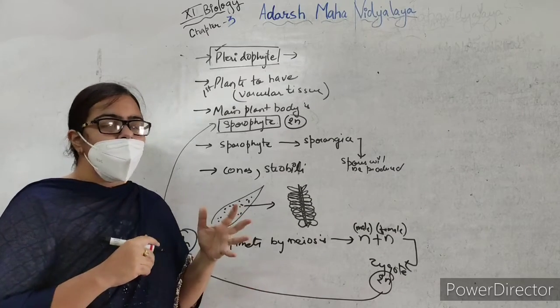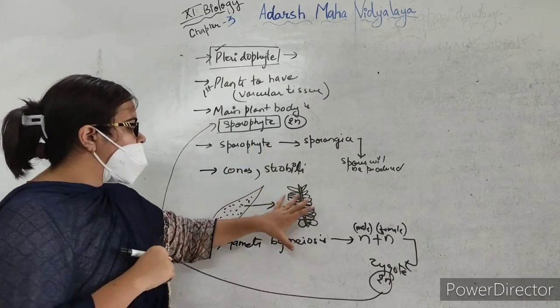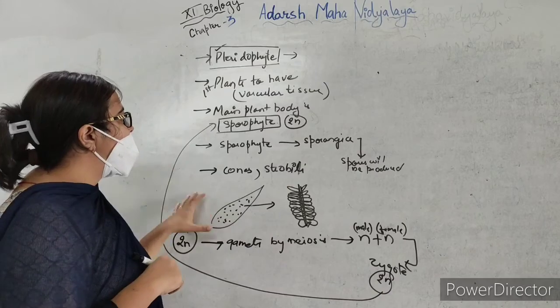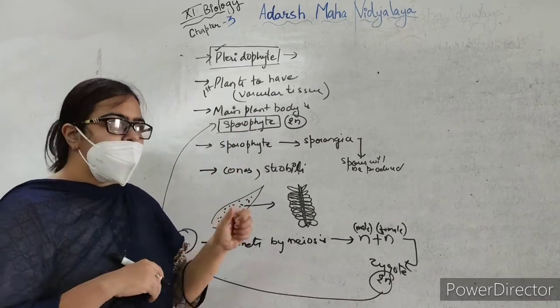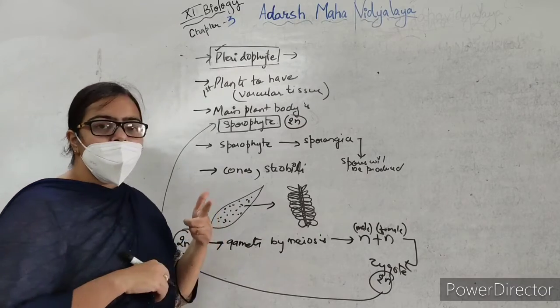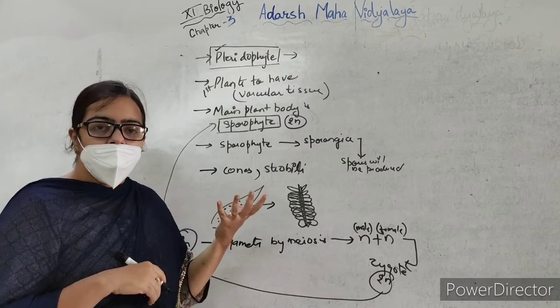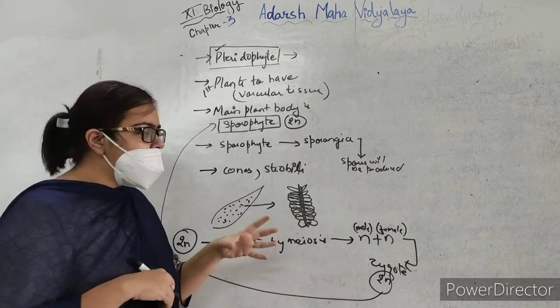I have shown the basic structure, the plants and important points in the slide. So this is the basic. You have to keep in mind the main plant body is sporophyte. Two types of leaves are present, the microphylls and the macrophylls. Spore-bearing leaves will be called microsporophylls or megasporophylls, or macrosporophylls.